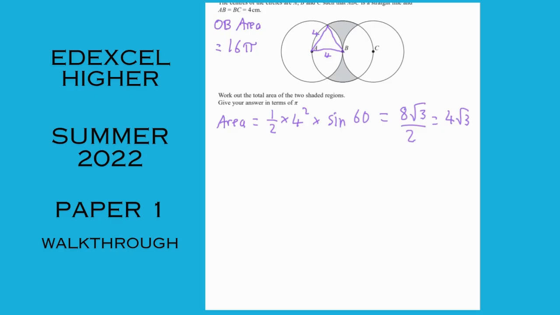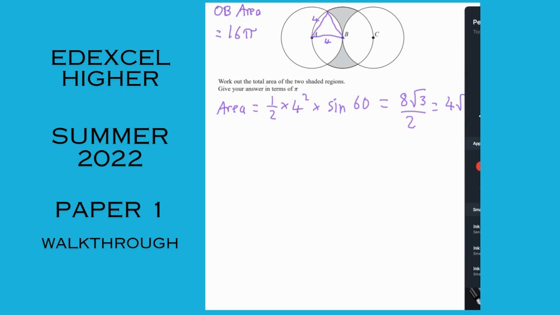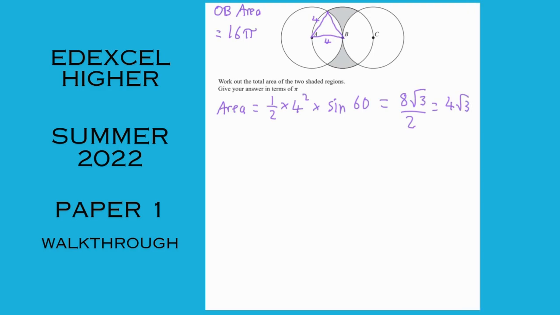Now we'll need that when we put all the pieces of the puzzle back together right at the end, but we'll also need it for the next step, because what else is there? As you can see here, I'll just use a different coloured pen, a bit of a lighter orange. We've got this segment here, and it's repeated here.